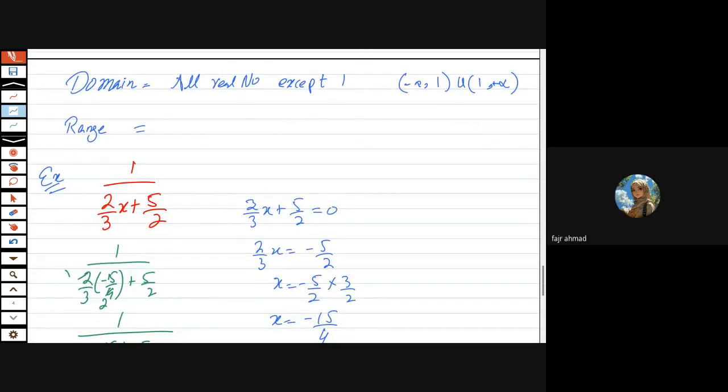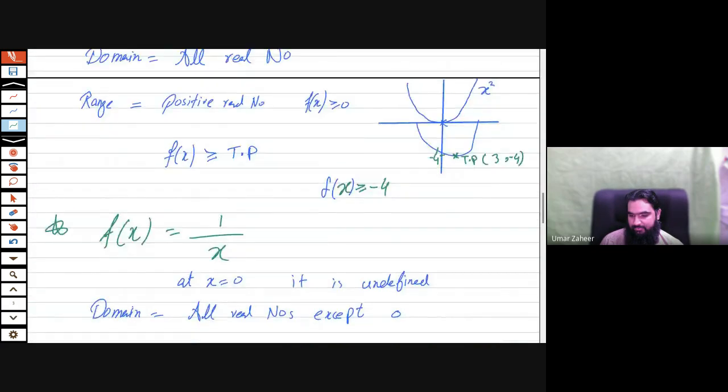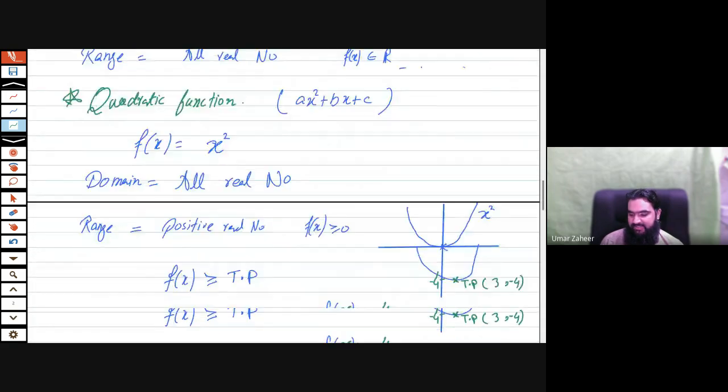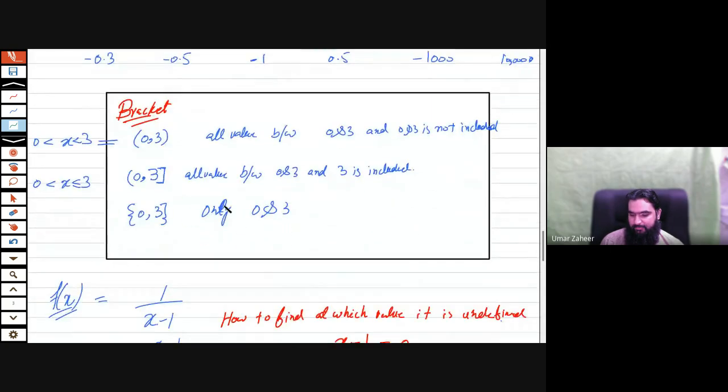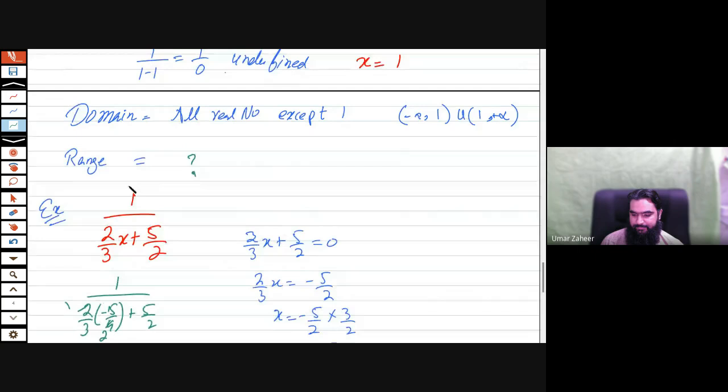Yes, range. I just skipped this one. We will do it later. I'm just going to tell you about the domain right now. The range is going to be simple, so that's why I just told you that one. But how we can find the range of this one, we'll discuss it later.